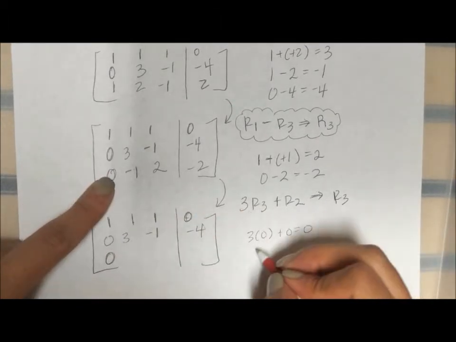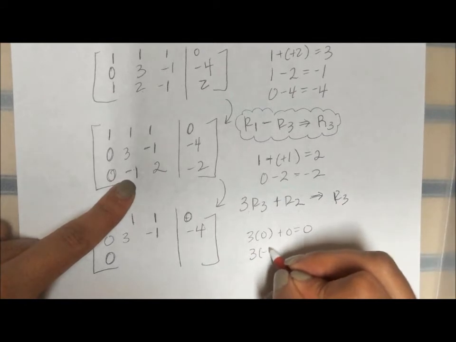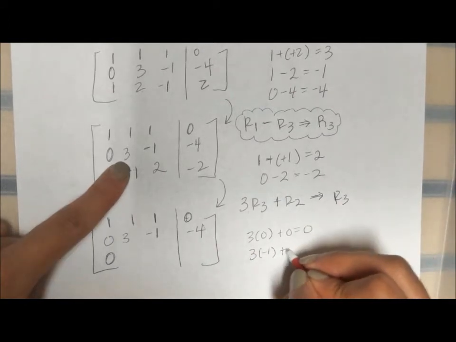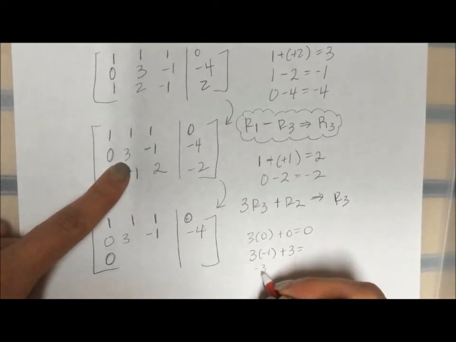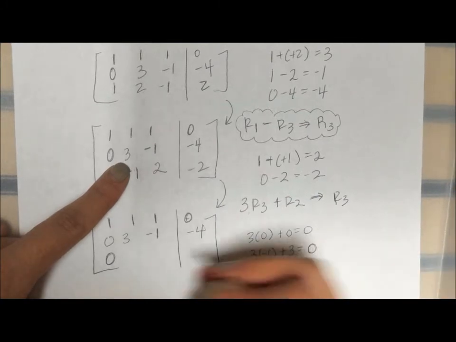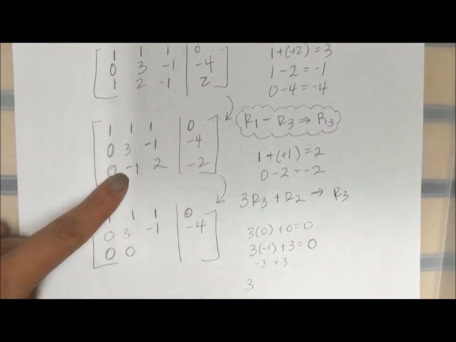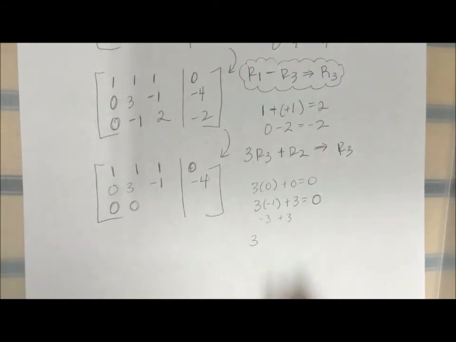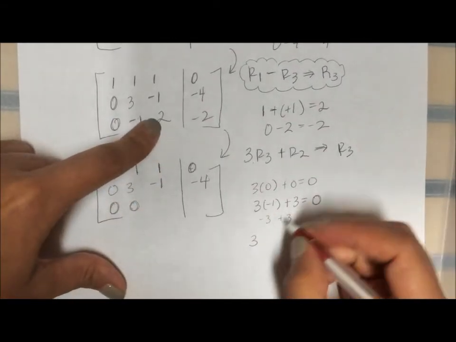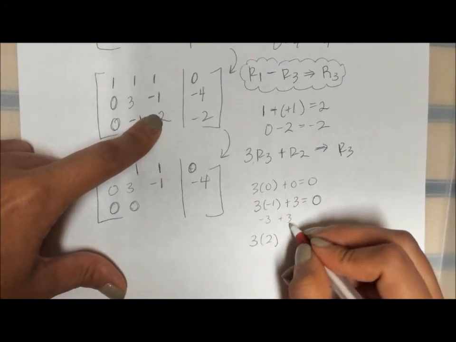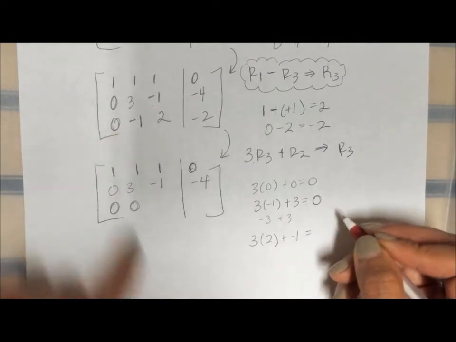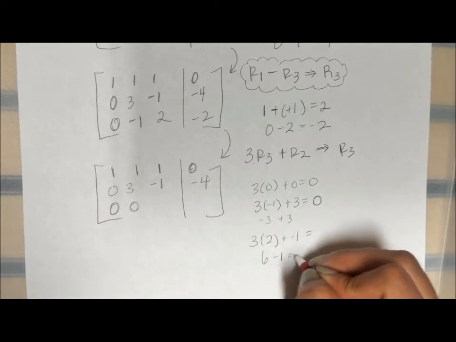Then 3 times row 3, so negative 1, plus row 2. So I get negative 3 plus 3, so that also gives me 0. Then 3 times row 3, which is 2, plus row 2, so plus negative 1. This gives me 6 minus 1, which is 5.